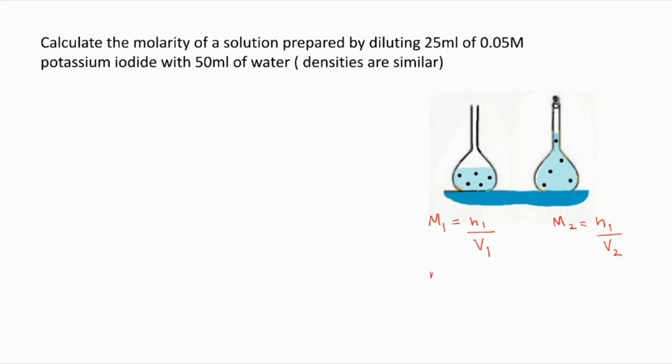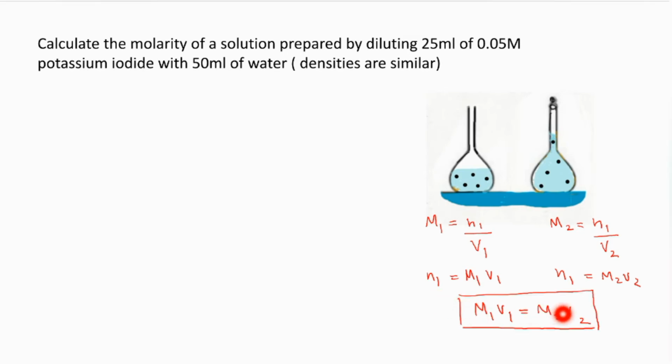If so, we can also write it as n1 is equal to M1 into V1. Here number of moles will be equal to M2 into V2. Correct, no? Number of moles should remain the same. If so, we can write this expression as M1V1 is equal to M2V2. Clear? This is a shortcut method to solve dilution problems easily.